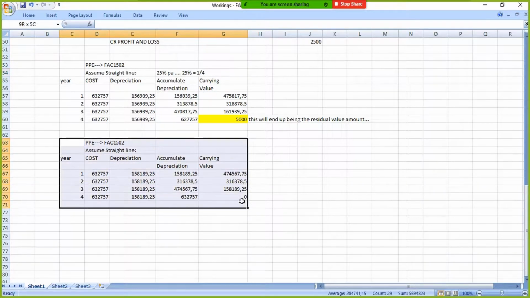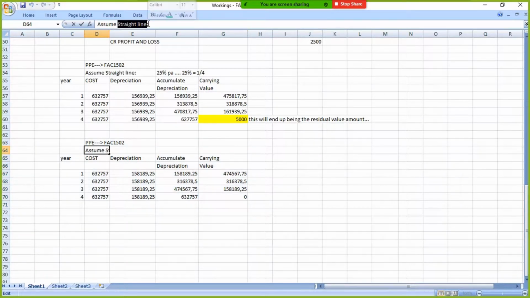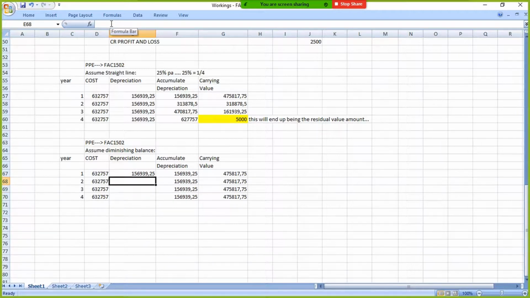So if you look at this bit, this is diminishing balance. Let's change the heading. Okay. So for diminishing balance, same thing applies. Minus the 5,000, close brackets, times 100. The first year should be the same because there's no accumulated depreciation. In the second year, what do you calculate this on?